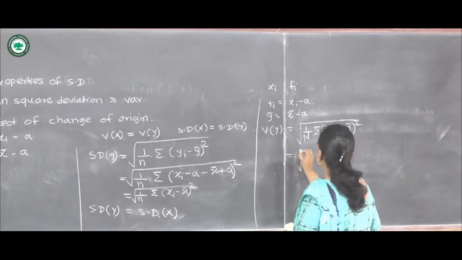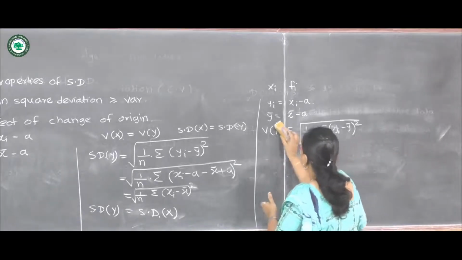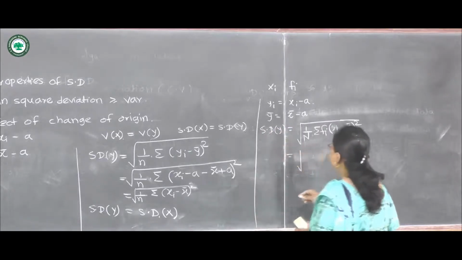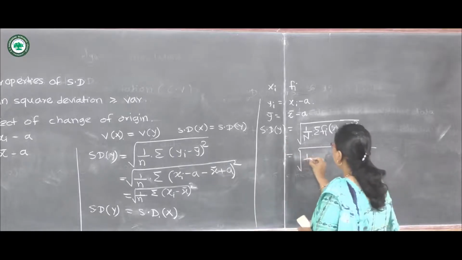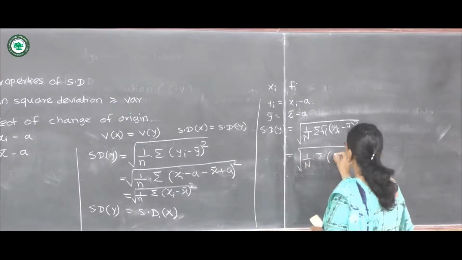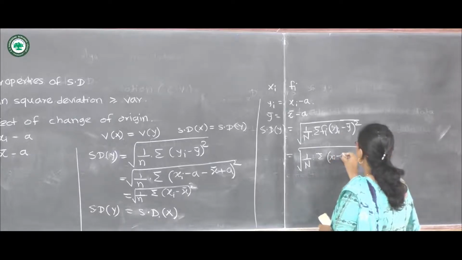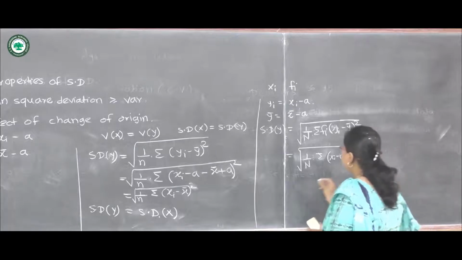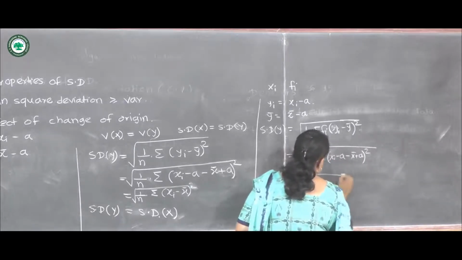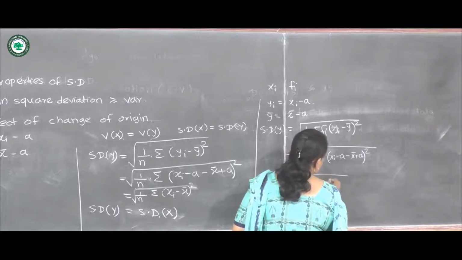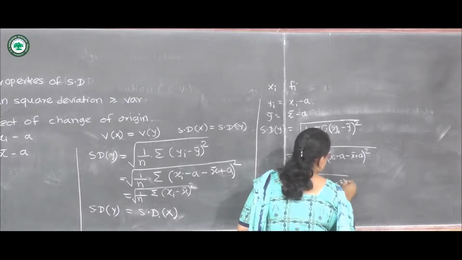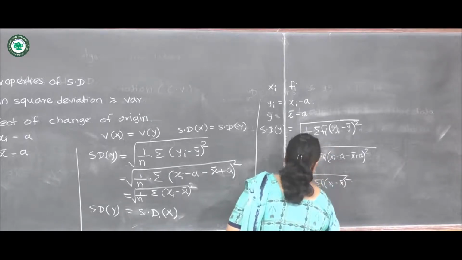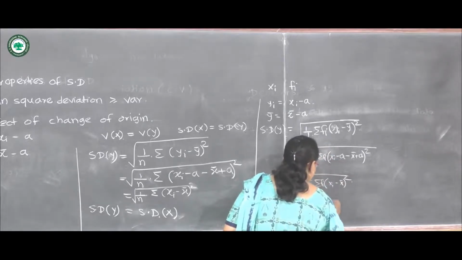Now let us substitute. So here is the standard deviation because I have taken the square root. So square root of 1 upon capital N into summation of fi times (xi minus a minus x bar plus a) whole square, which equals 1 upon capital N into summation of fi times (xi minus x bar) whole square, which is the standard deviation of x.